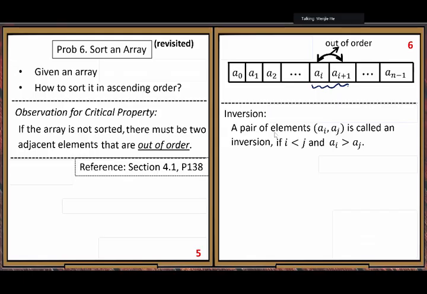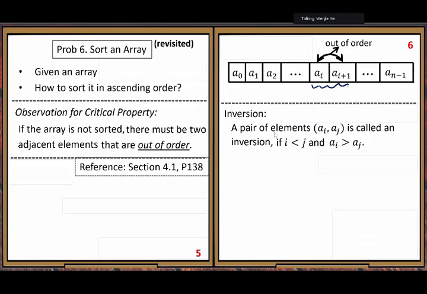I subscript is smaller than j subscript. So when the subscripts are in order, but the element values are not in order, a sub i is greater than a sub j, we get an inversion.